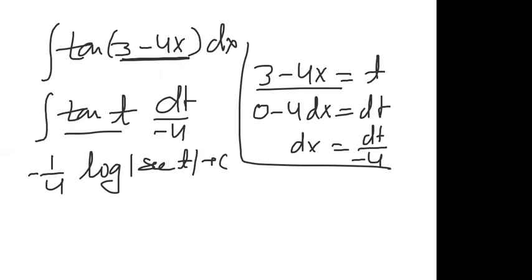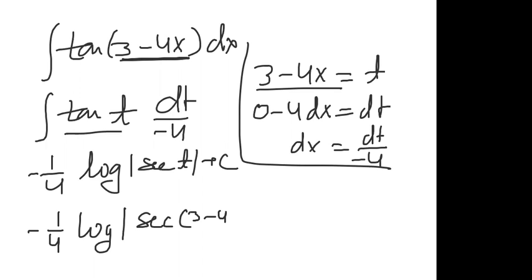I need to put the value of t, so it will be minus 1 upon 4 log mod sec of 3 minus 4x plus c is the answer.